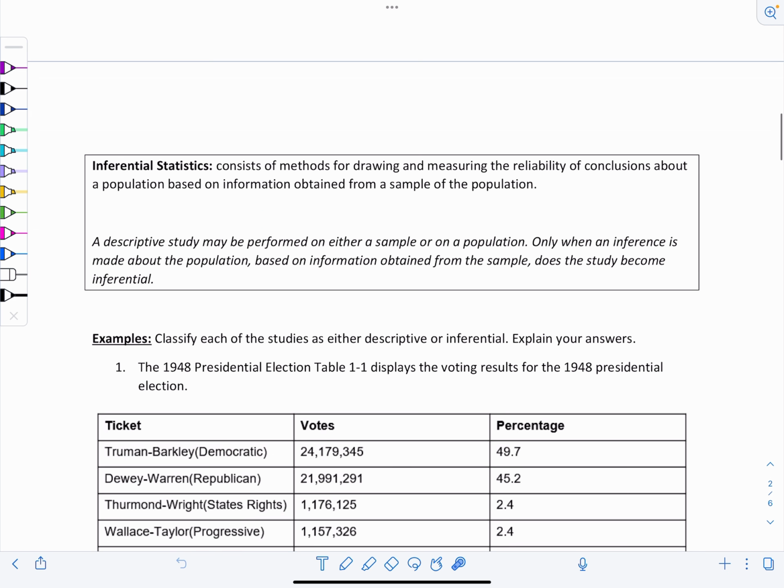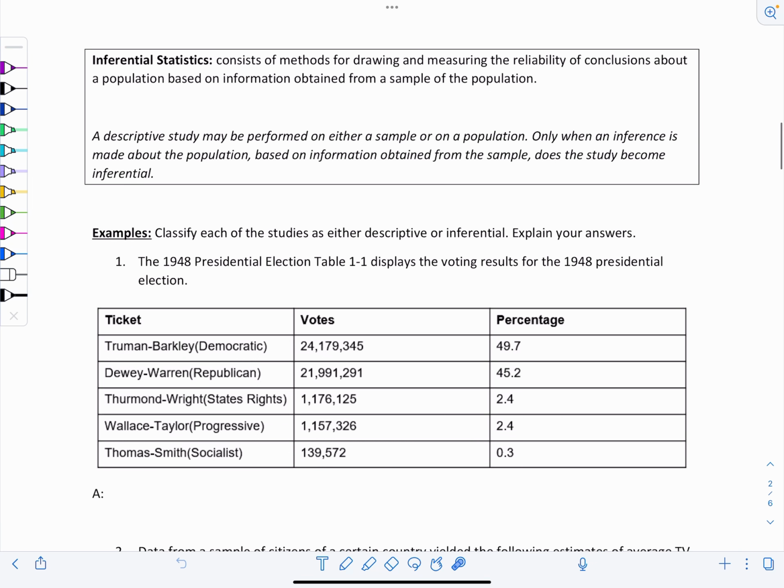Okay, so now that we understand the difference between population and sample, we can talk about what inferential statistics is. And that consists of methods for drawing and measuring the reliability of conclusions about a population based on information obtained from a sample of the population. So what does that mean?